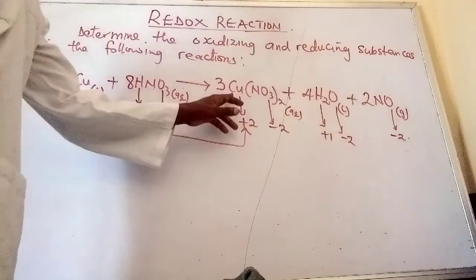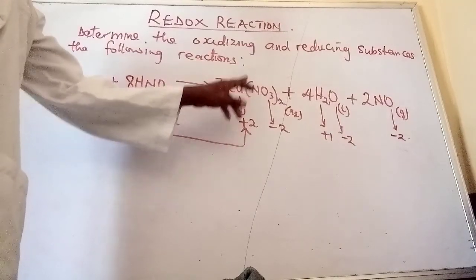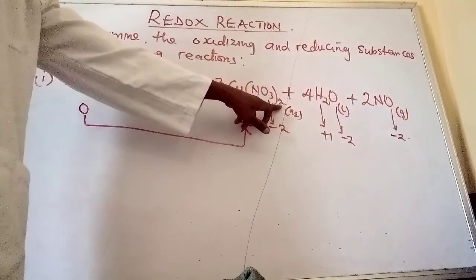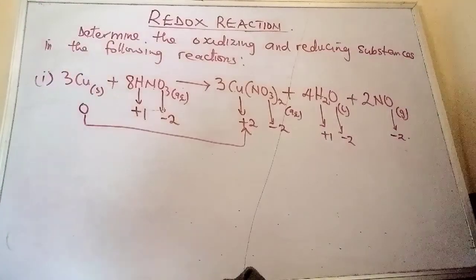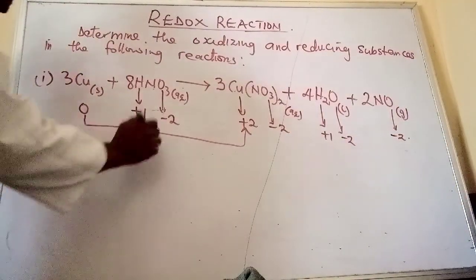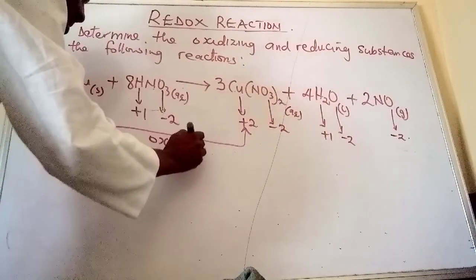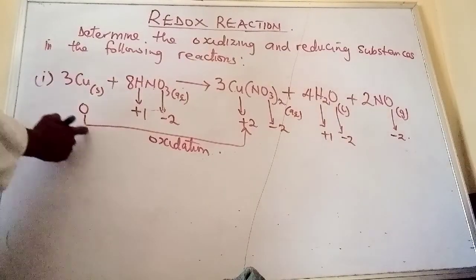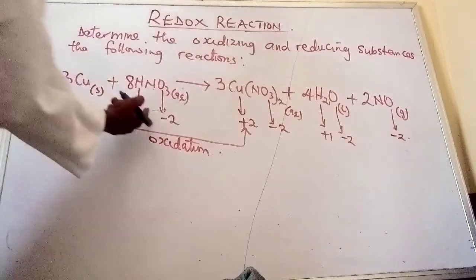How do I know that copper is having +2 as oxidation number? Because of these two at the end of this bracket. That is copper 2. Okay? Therefore, copper to this place is an oxidation process, because the oxidation number has increased.